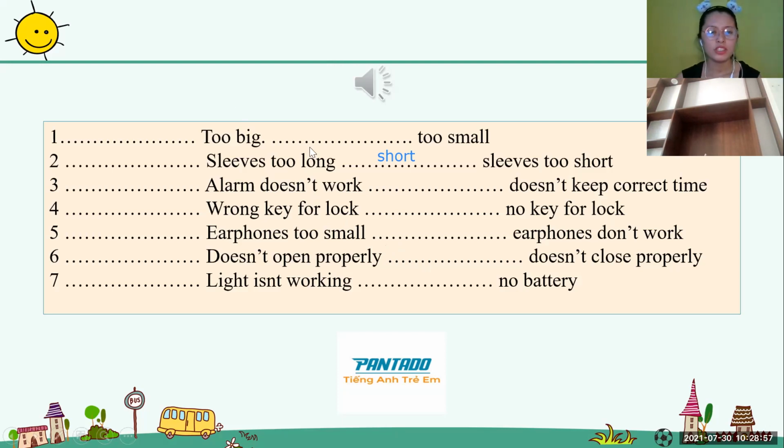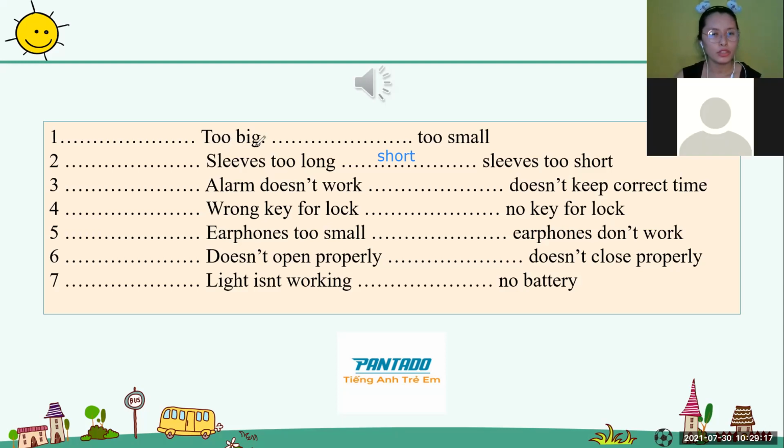Okay, so you just need to think. For example, in the first statement, the mistake is the item is too big. So you will pick too big.